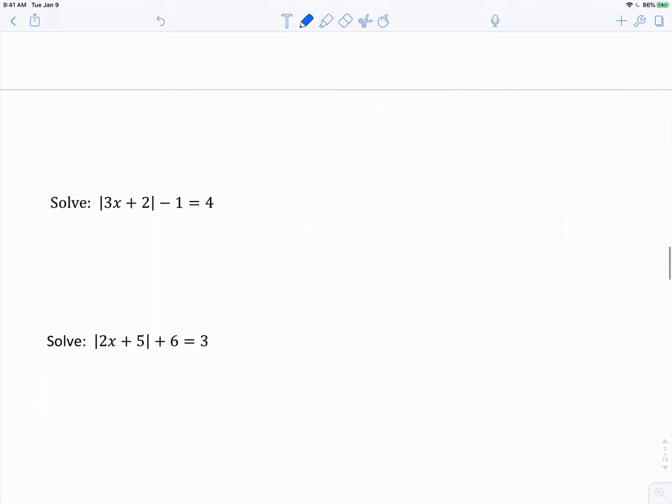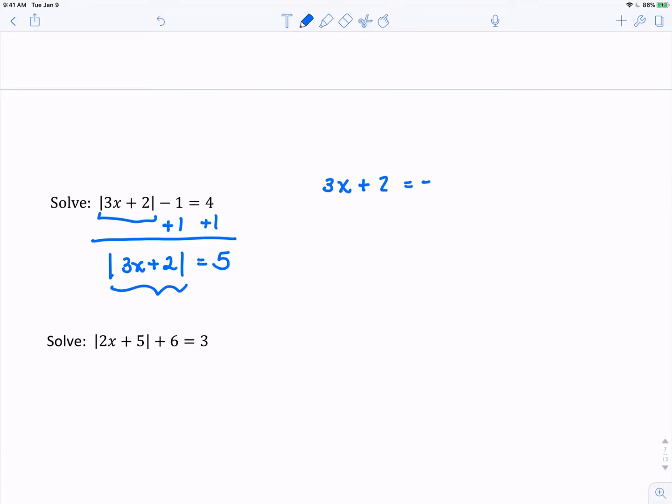Here, we'll do two more examples. First step is to get the absolute value sign by itself. So we have the absolute value of 3x plus 2 is equal to 5. And then there are two numbers whose absolute value is equal to 5. One is -5, and the other is 5.